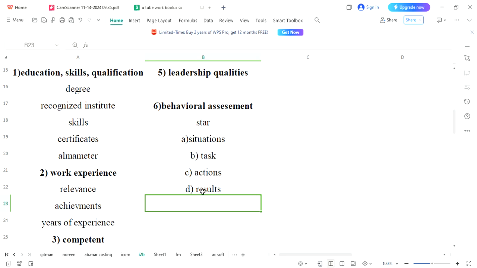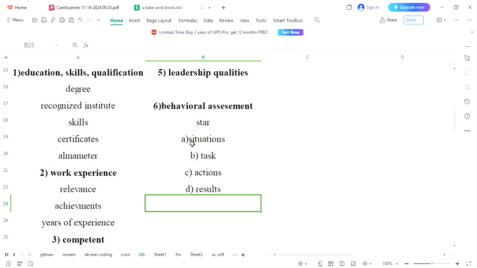If he has achieved his target, if he had accepted that challenge, and after acceptance he is successful, no matter what action he has taken, no matter what method he has used, but the result is success, it means the behavior of that particular person is favorable for our organization. It is a productive candidate.